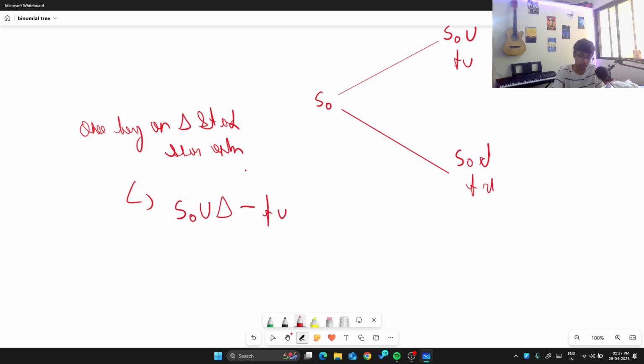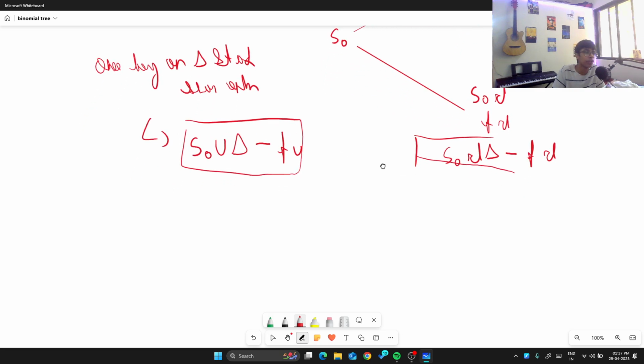That's how simple it is. And if the portfolio value goes down, it would be S0 d delta minus f_d. That's simple.